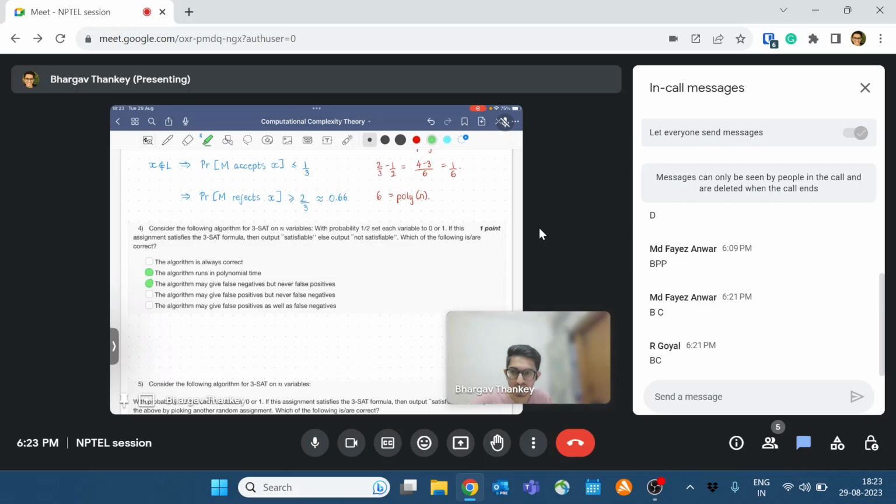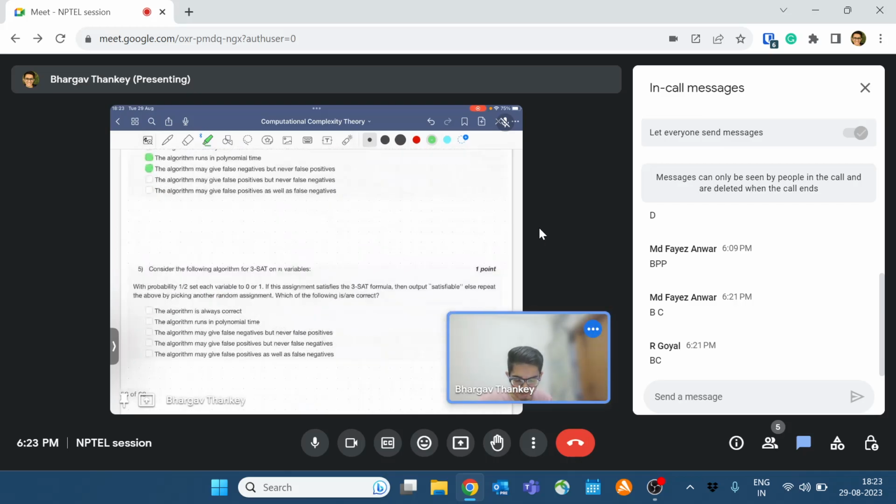So false negatives are possible, and in fact, most of the time, this algorithm would give you false negatives. So is this fine? Yes. Okay, so let's look at the next problem.